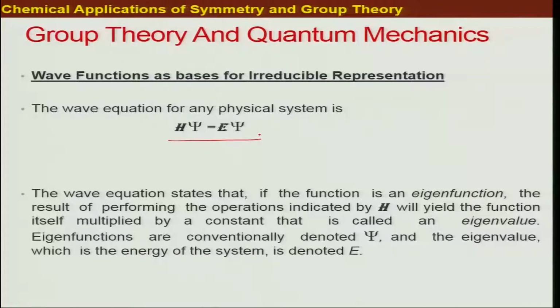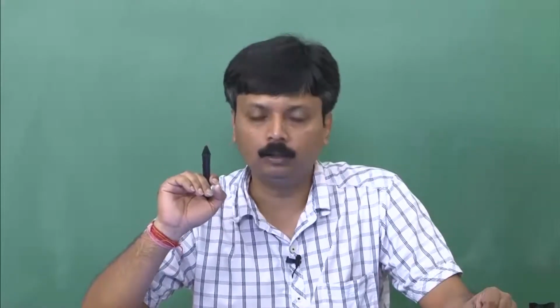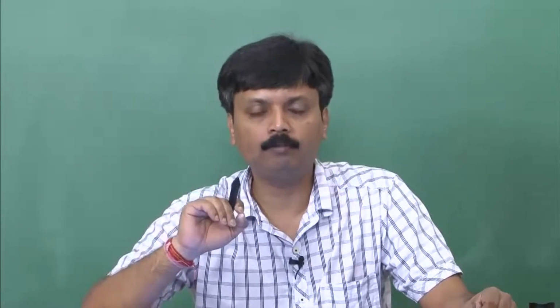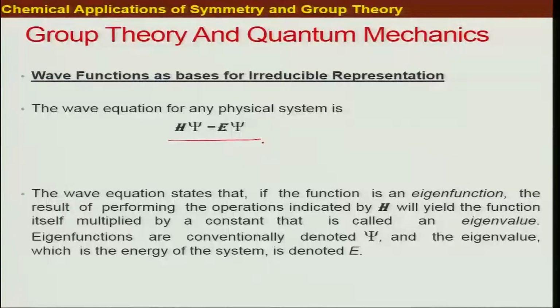So, whoever of you have gone through the basic quantum mechanics, you know this eigenfunction and eigenvalue equation, and here exactly by this Schrodinger equation we are finding that psi is an eigenfunction of this Hamiltonian operator for the system, and E is the energy eigenvalue.